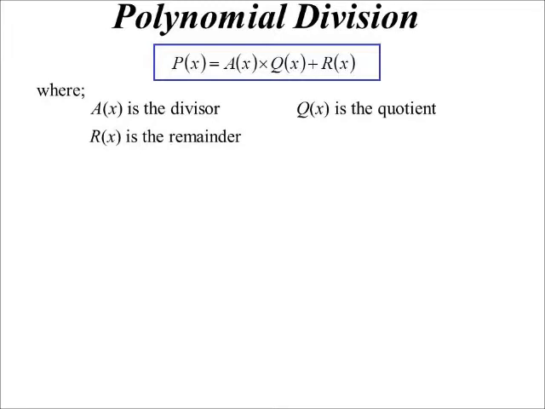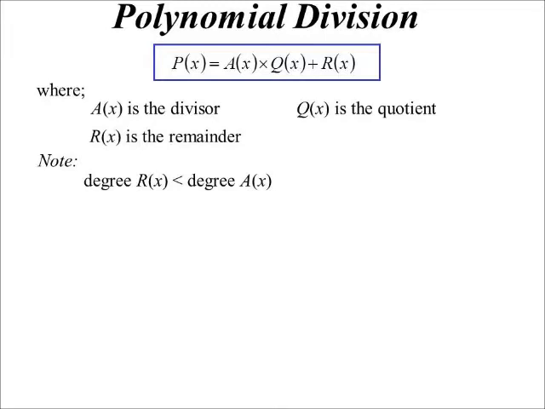A couple of minor things. You don't really need to worry about this because naturally you would keep going anyway. But the degree of the remainder will always be less than the degree of the divisor, because you keep dividing until the degree comes down. So if you're dividing by a quadratic and the remainder is a cubic, you can keep going because a quadratic will go into a cubic.